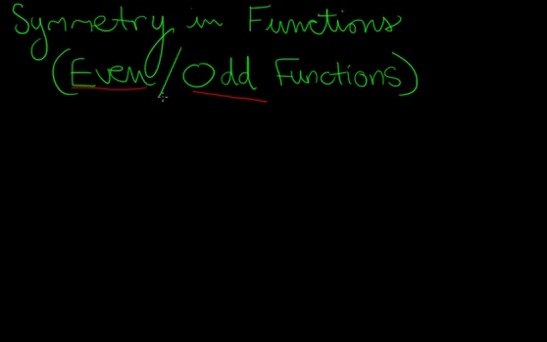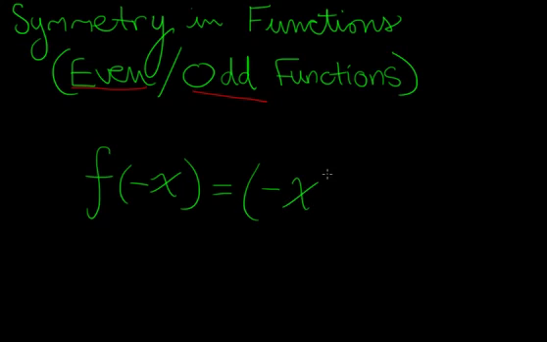So when conventional math textbooks and professors try to teach you about even and odd functions, plug in x, do this, plug in negative x, get this, stuff like that, they often forget to tell you or just choose not to tell you or expect you to know that f of negative x, plugging in negative x, when you have the function x squared and you plug in negative x, you actually get negative x squared.